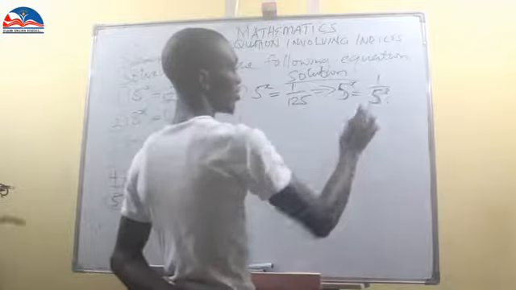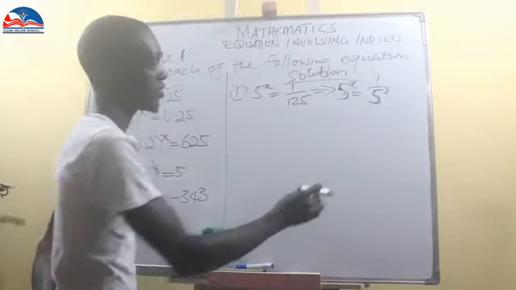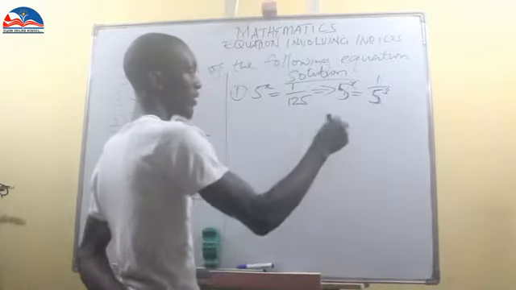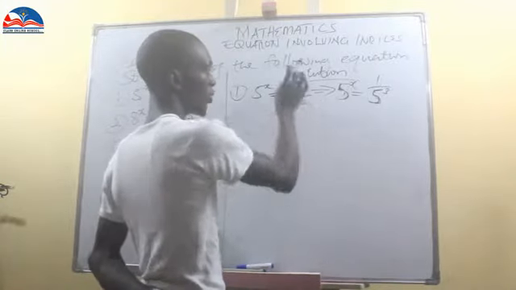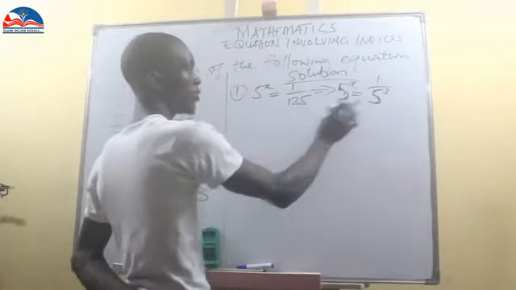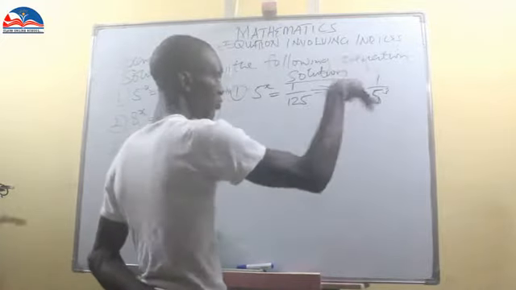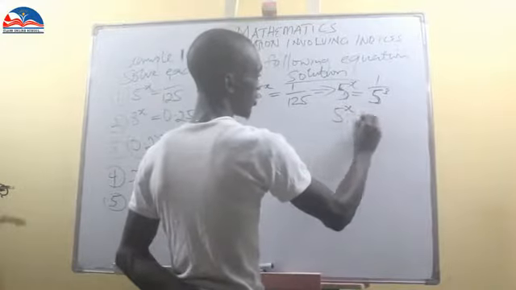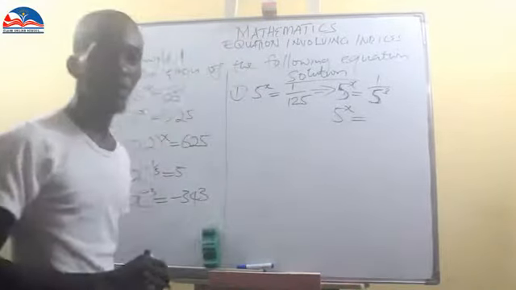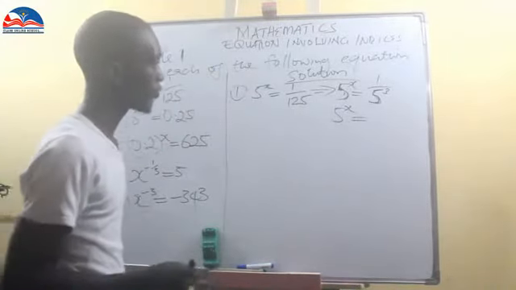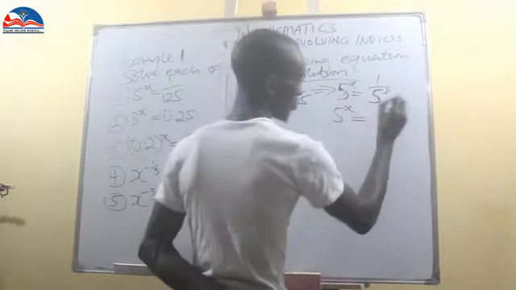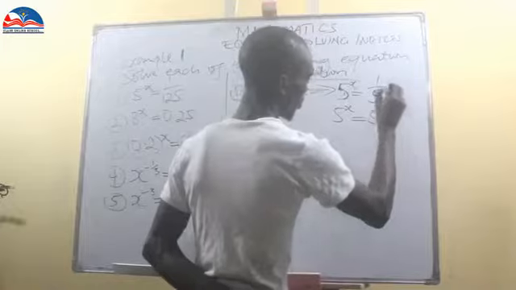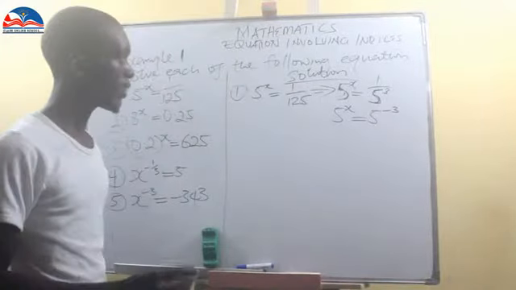Now I told you that 5 index 3 is 125, and the inverse of 125 is 1 over 125, which means this can also be put as 5 index x is equal to 5 index minus 3.